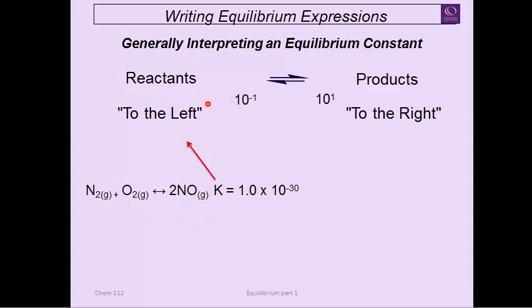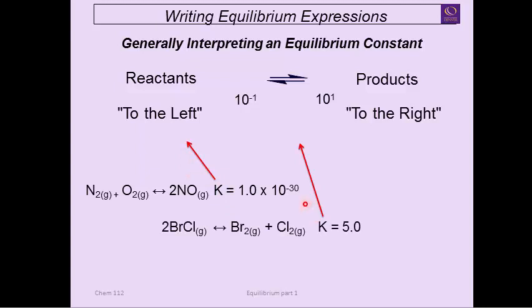So this doesn't happen. It stays back at reactants. How do I know that? Look at the K and look that it's a very, very small number, much less than 1. Okay, so the minute you see a K with a number that's much less than 1, you assume it stays back at the reactants. The reaction's not very favorable.